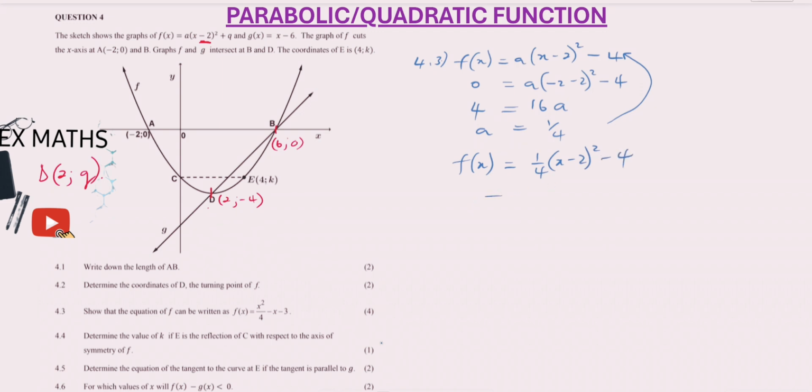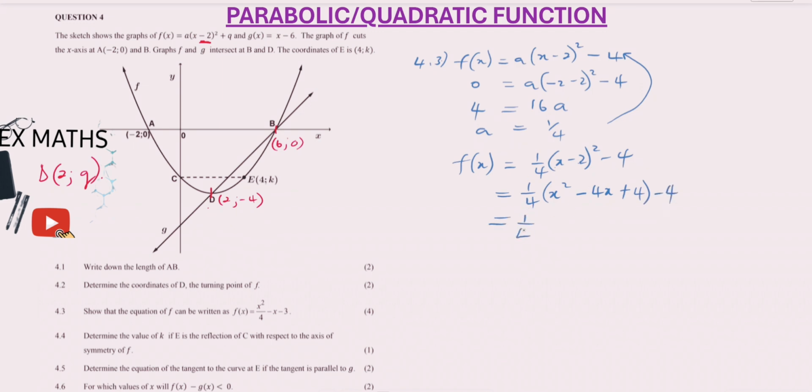Then we expand those brackets. I'm going to do direct expansion. We square the first term, that is going to be x squared, x times minus 2, which is minus 2x, then times 2, that will give us minus 4x. Then minus 2 squared is a plus 4, then minus 4. Then we distribute 1/4 inside the bracket.